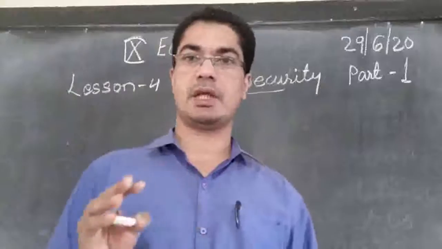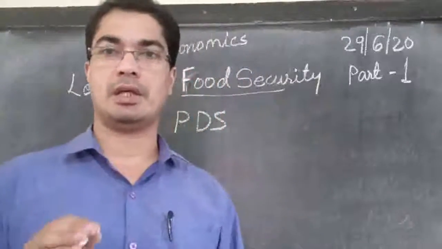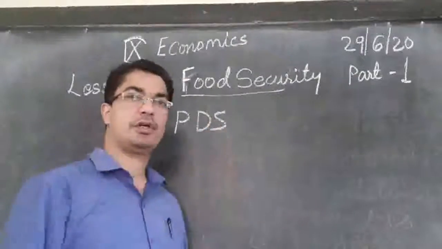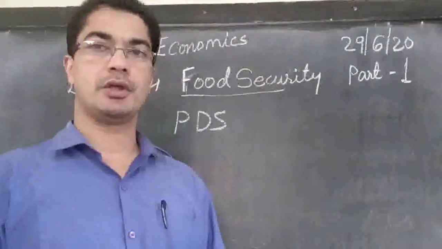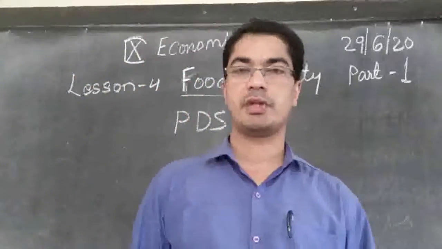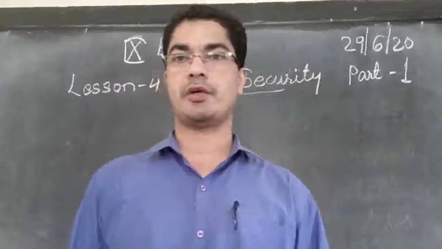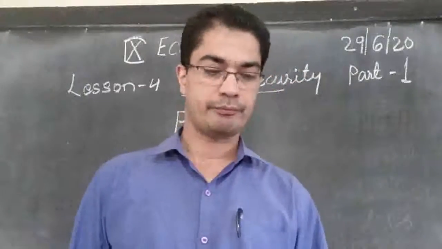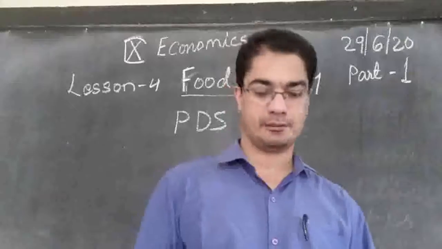Only when all three are fulfilled can we really say that India has food security, otherwise we will not. Very often the poor people are the ones suffering and lacking food security in our country.